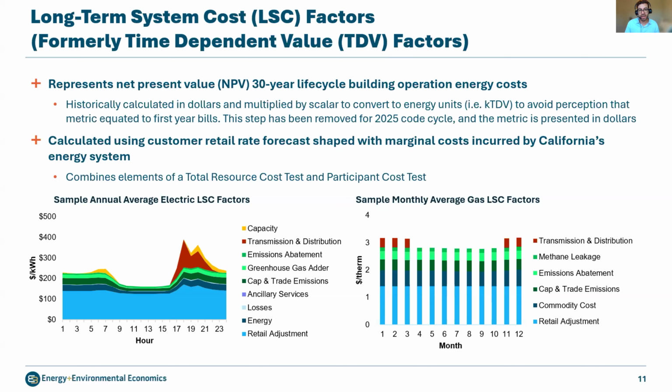And the way this is done is by calculating a retail rate forecast that a customer might see over the next 30 years and shaping it on an hourly basis using the marginal costs incurred by California's energy system. And so this is really trying to capture a lot of things in one single metric.